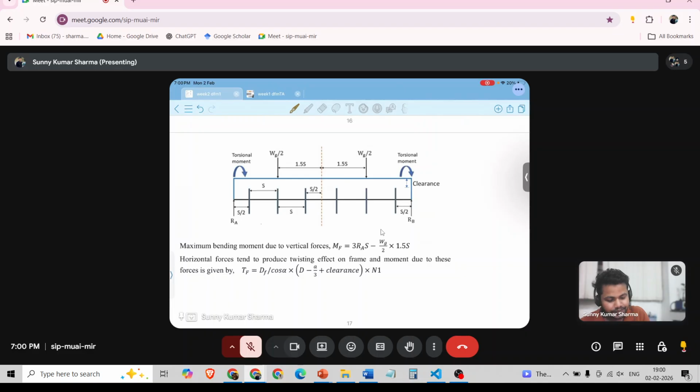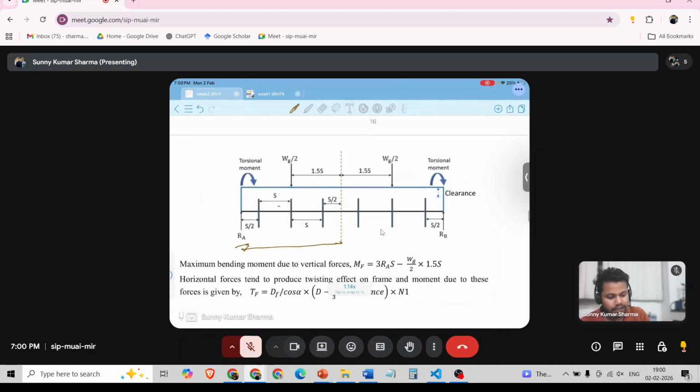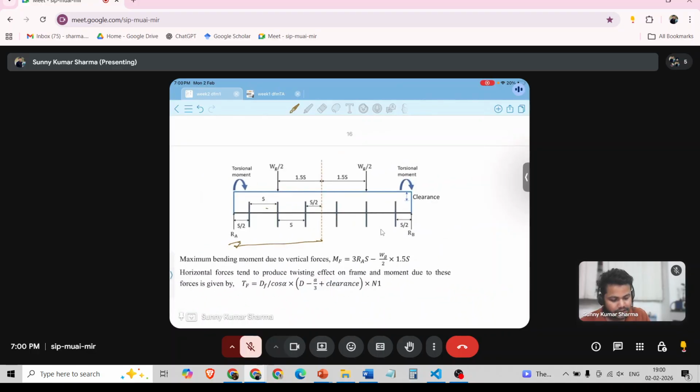Again we will get the bending moment. RA is acting at a distance of 3s, 0.5 s, 0.5 s, and WG by 2. This is the bending moment acting on the shaft, and the torsion moment will be due to draft, and it will act at this distance.